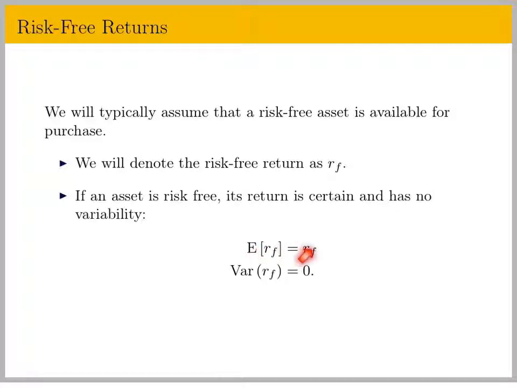So we'll say that the expected return is exactly equal to the return, and that the variance of that return is 0. So if the expected return is 5, we know that it will be 5 next period. There is a probability distribution on it, but the probability distribution puts all the probability on the one value and on no other possible values.